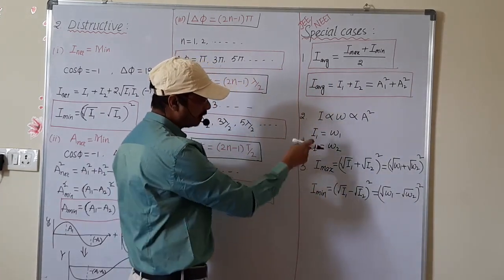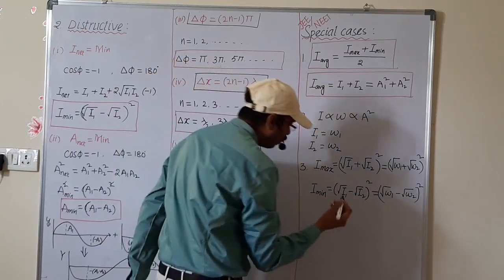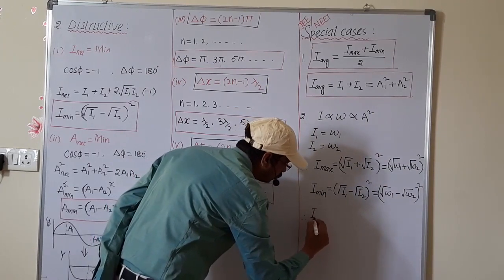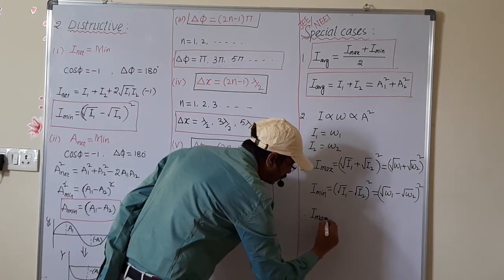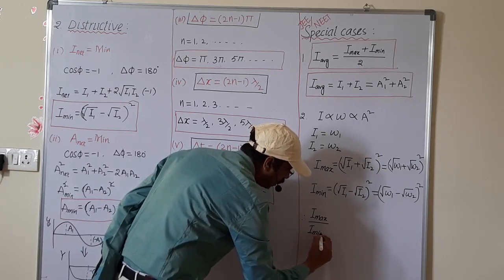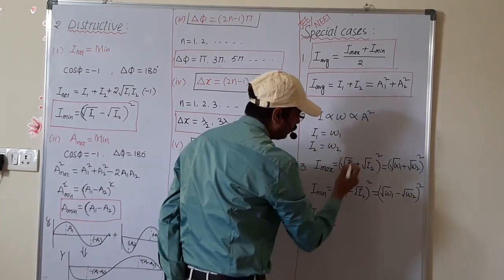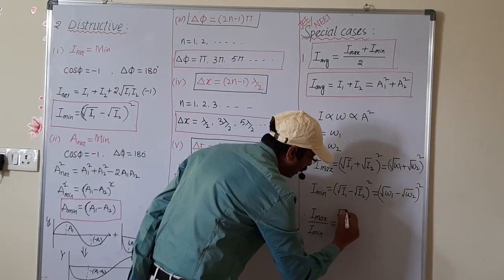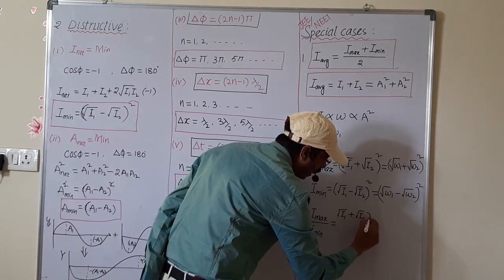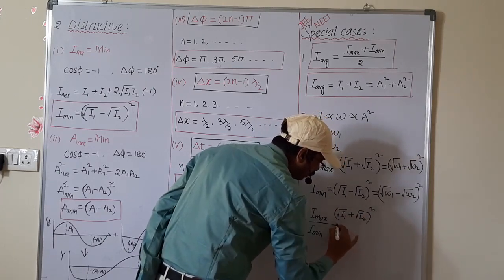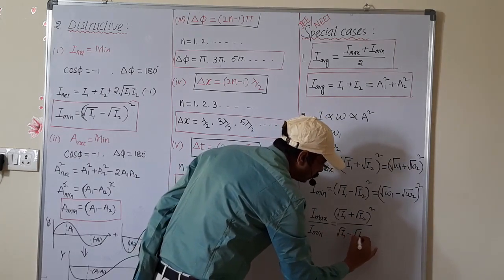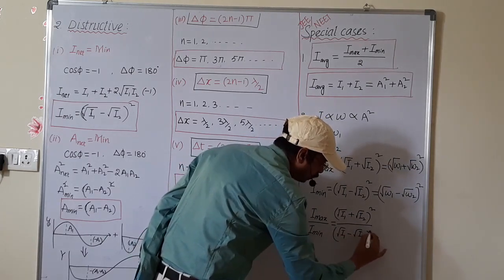For example, if I take the ratio, how do we have to write it? Therefore, I max upon I minimum. If I write in terms of intensity, it is root I1 plus root I2 whole square upon root I1 minus root I2 whole square.